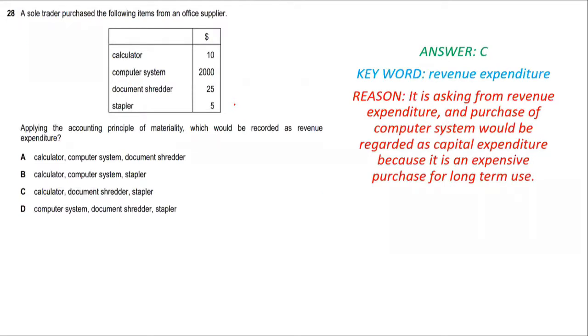Multiple choice 28. A sole trader purchased the following items from an office supplier, applying the accounting principle of materiality, which would be recorded as revenue expenditure. Now, this term is there to confuse you. The key term here is this one.